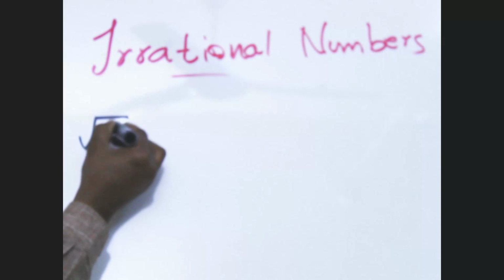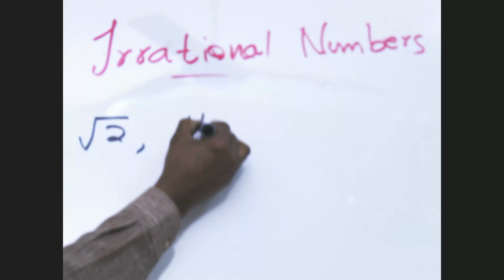So another group is irrational numbers. What do you mean by irrational numbers? Some numbers are not included in rational numbers, for example root 2 and pi.